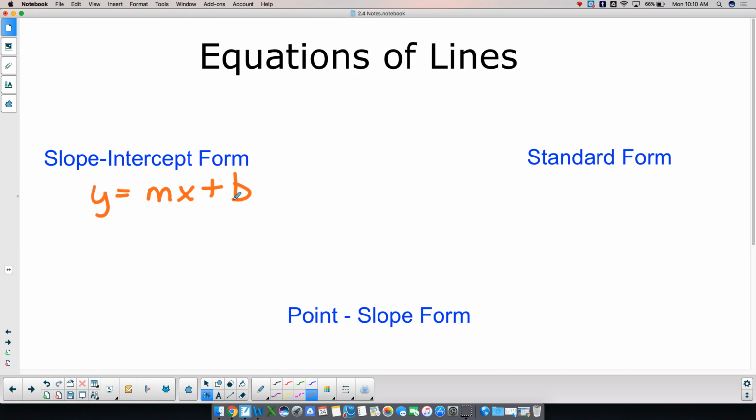We got the easy one out of the way. What do you got, Shalene? Ax plus By equals C. Anything else that I got to know about that one?